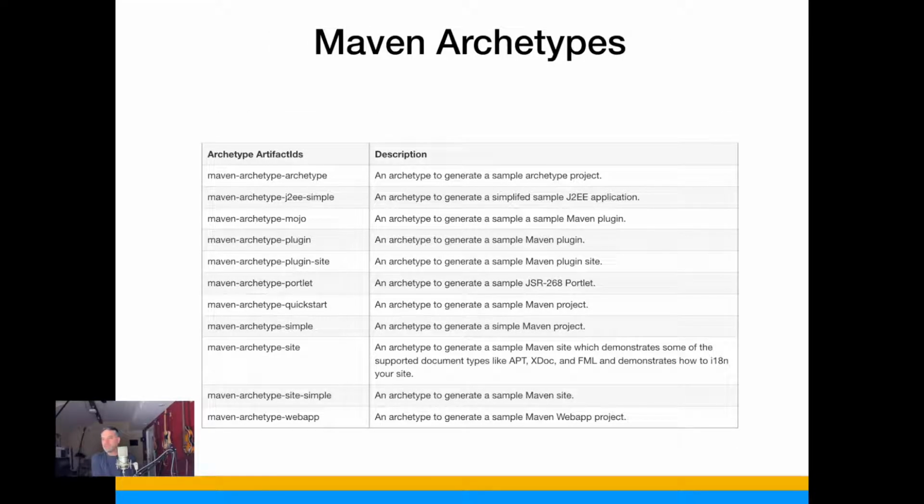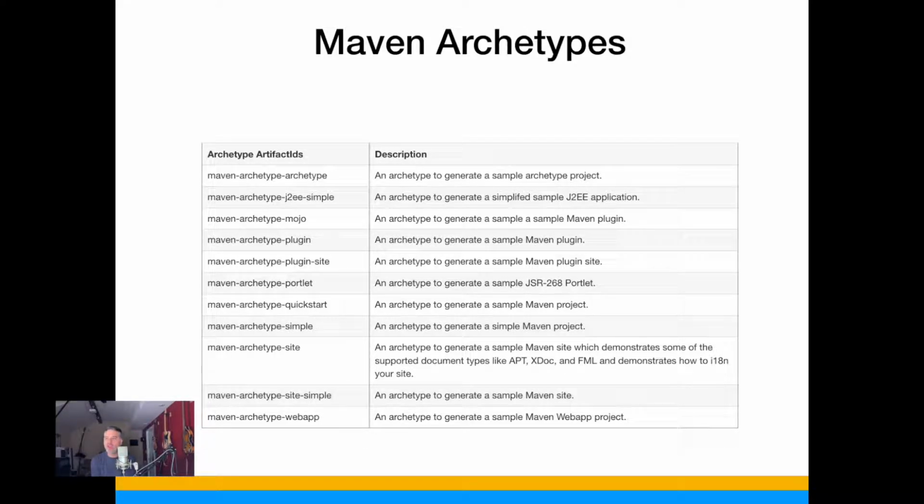Okay. So here's a list of basic archetypes for whenever you create your project. In these archetypes, you are going to find the Maven archetype, which is just a template, and it's just going to generate a sample file.